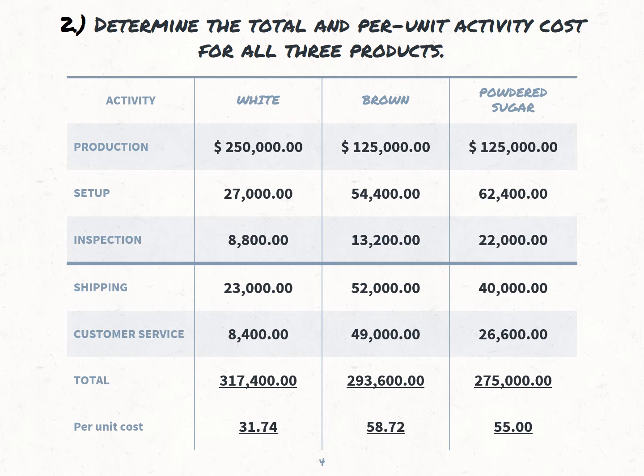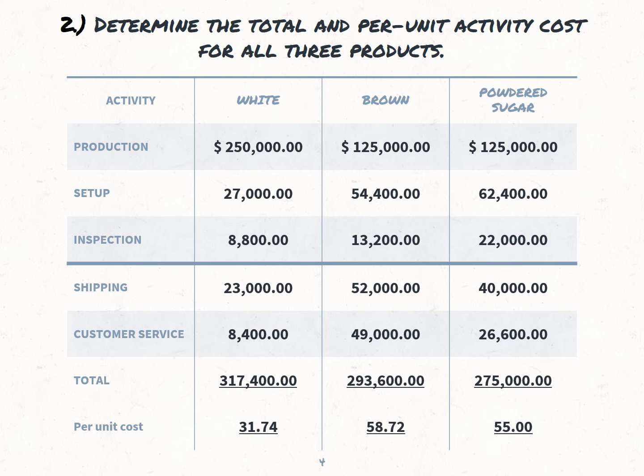For shipping, we have the number of customer orders. For white sugar, we have 1,150, brown sugar 2,600, and powdered sugar 2,000, with a total of 5,750. Multiplied by its activity rate of $20 per order, so a total of 23,000 for white sugar, 52,000 for brown sugar, and 40,000 for powdered sugar.